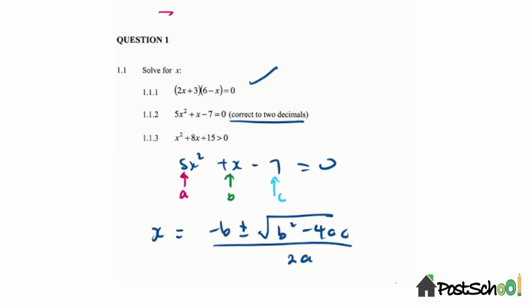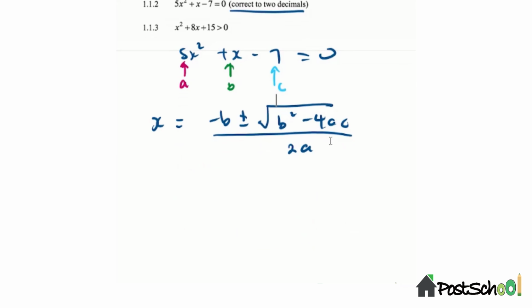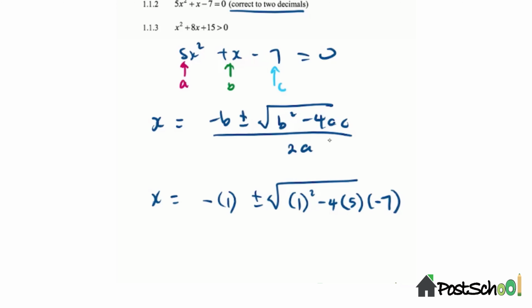Then we put that into our formula. x equals negative B, so substitute 1, plus or minus the square root of B, which is 1 again, squared, minus 4 times A, which is 5, times C, which is negative 7, over 2 times A, which is 5.